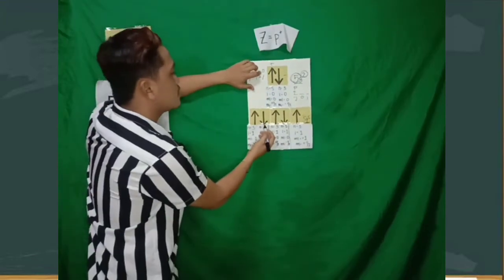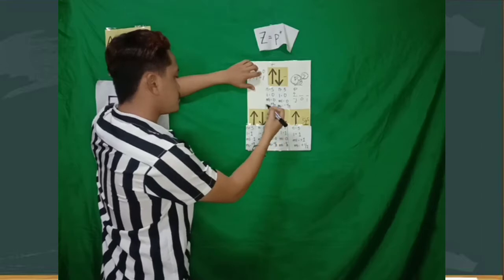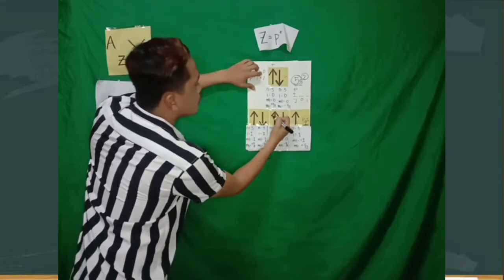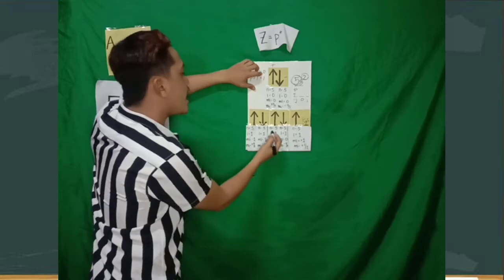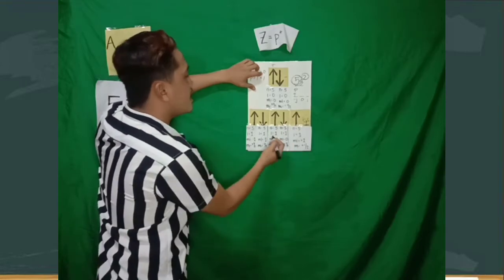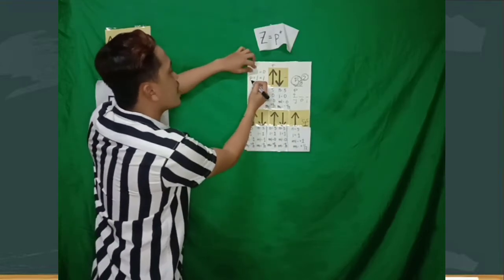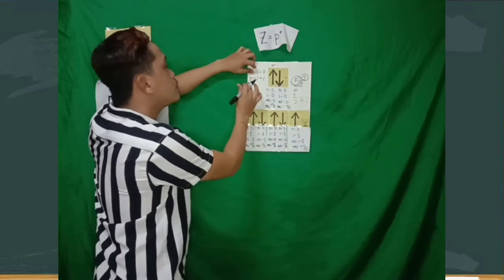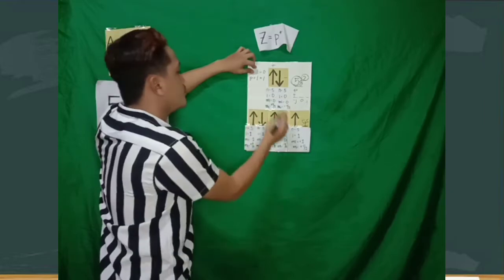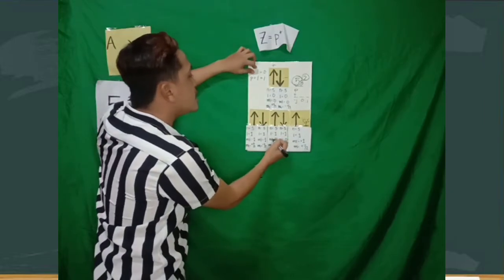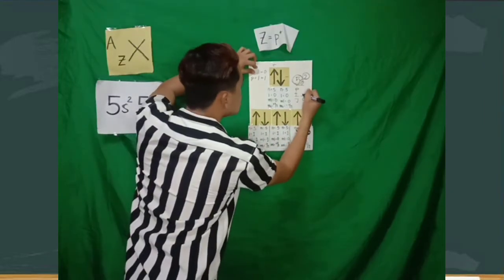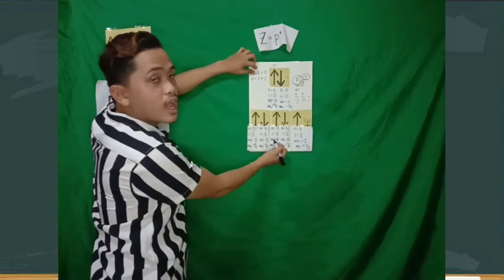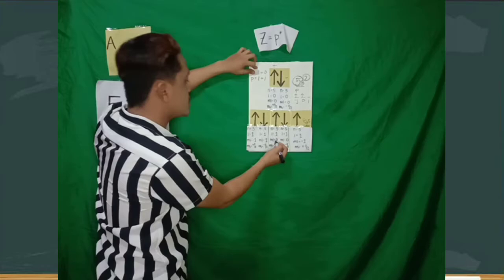So next, sa pangalawang electron naman, dito. n equals 5 pa rin. l equals 1, kasi nga yung value ng l ng subshell p is 1. And then yung ml is 0, kasi nga 1 tapos 2. Ayan, dito siya 0. Kaya yung ml is 0.